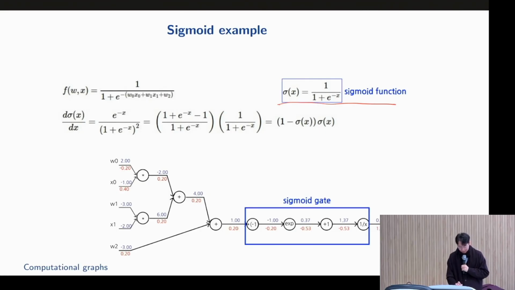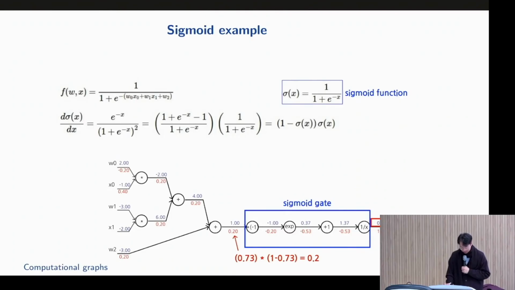So what is the gradient of the sigmoid with respect to its input? If you work it out, it's basically 1 minus sigmoid times sigmoid. So we can take a shortcut here. The output of the sigmoid was 0.73, multiplied by 1 minus that.